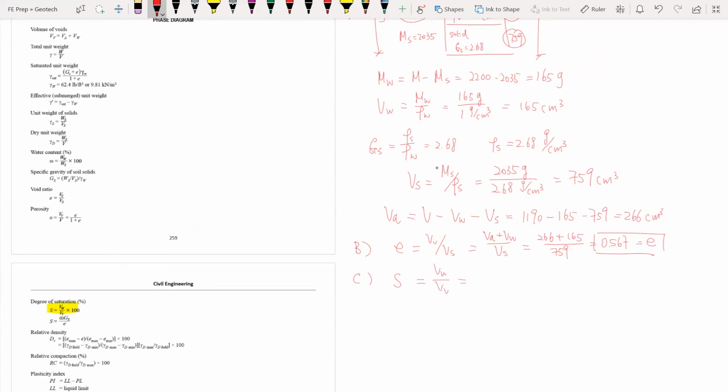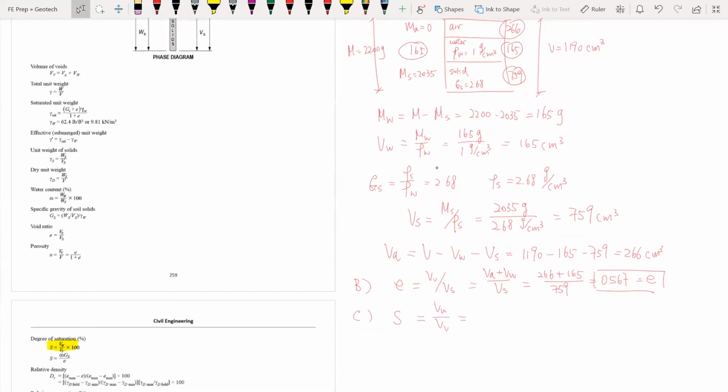And we know the volume of water is 165, and the volume of void is the addition of the volume of air plus the volume of the water. And then we multiply by 100%. Then we got the saturation to be 38.3%.